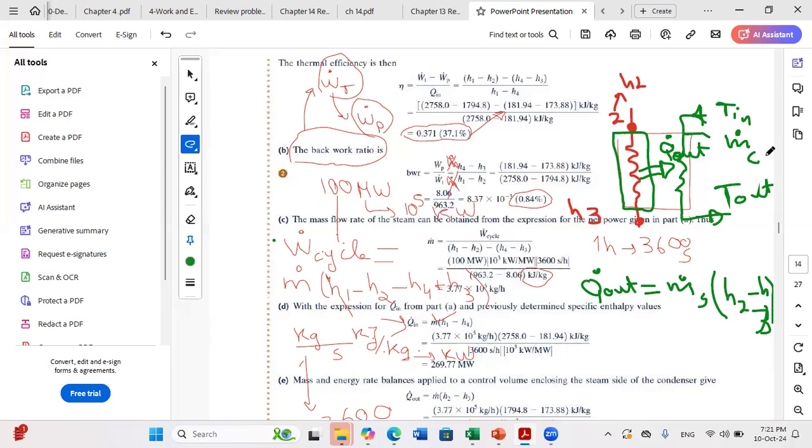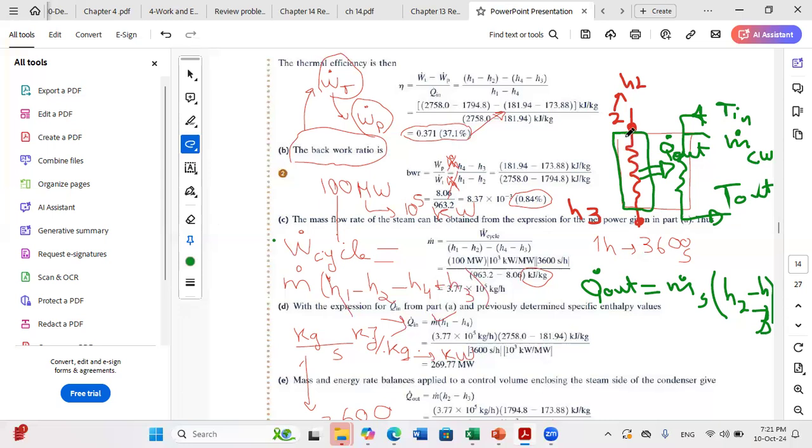So to determine it, we have two approaches. The first one is to say, if we neglect any loss from the condenser, what is lost by the steam of the Rankine cycle is gained by cooling water. So this is a simple energy balance.